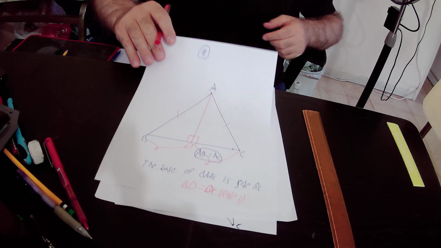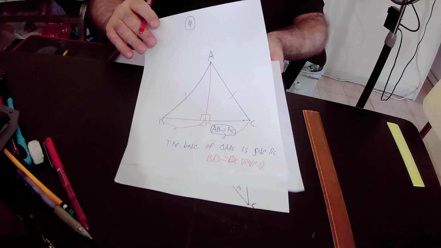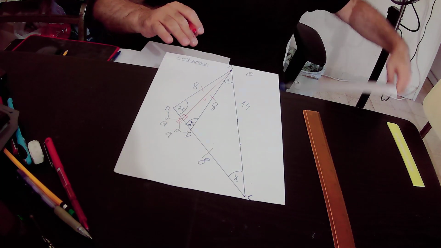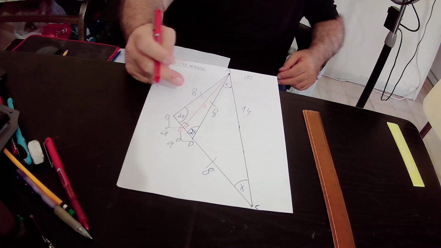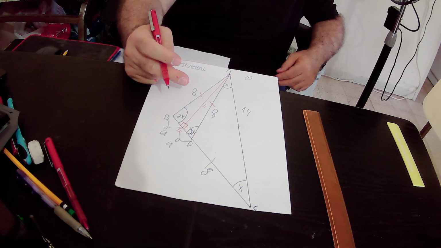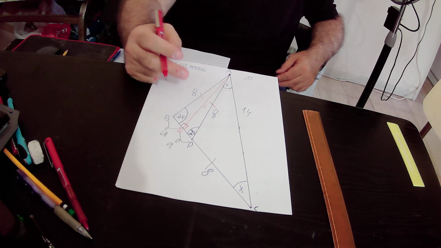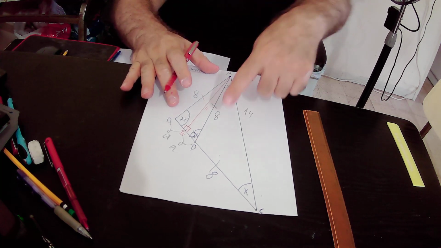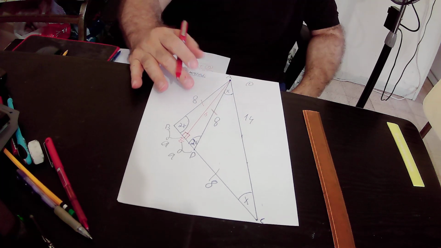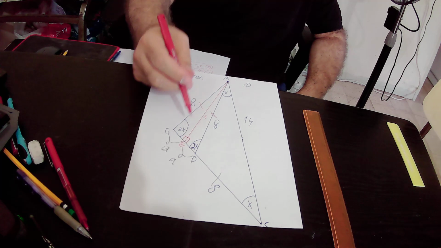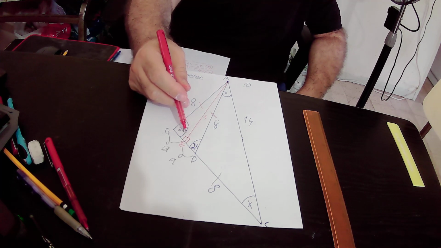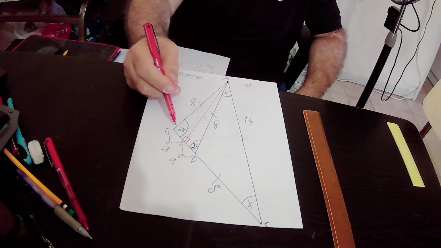And again, we can implement rule number 3 in our isosceles triangle ABD. Triangle ABD is an isosceles triangle because AB equals AD equals 8 units. So if we draw a perpendicular to the base BD, then according to rule number 3, it divides the base into two equal parts.